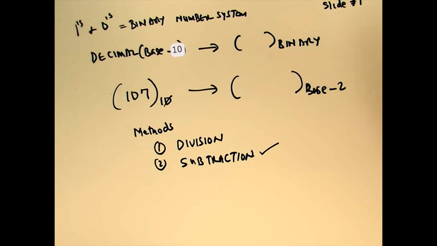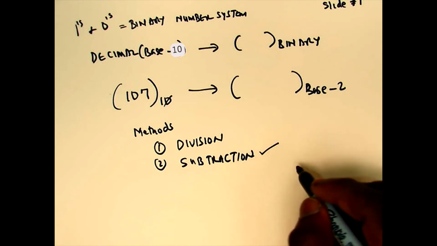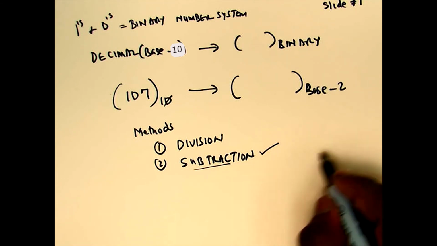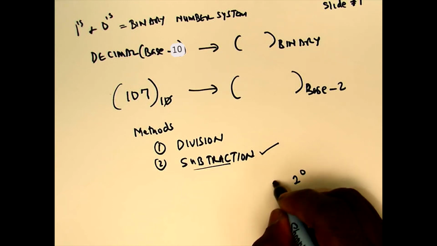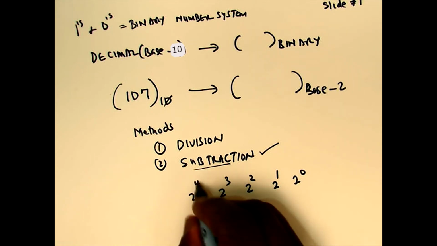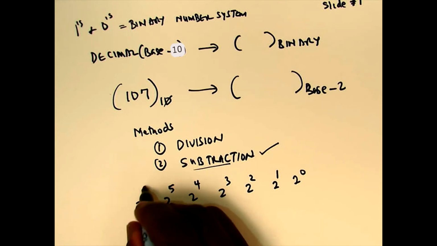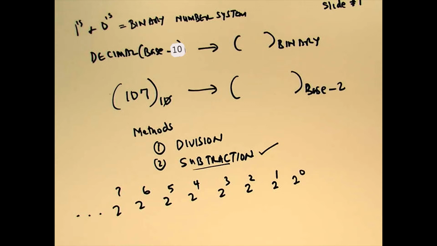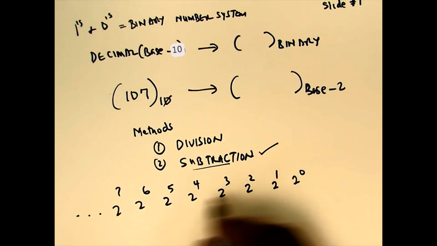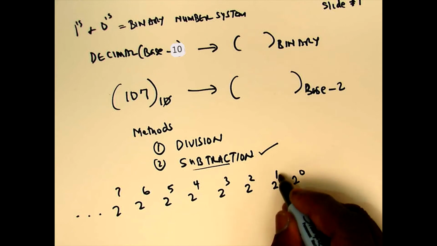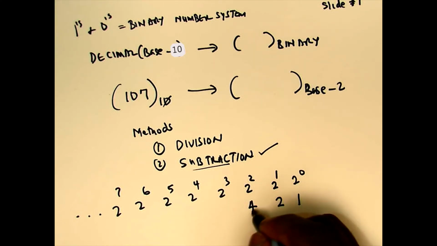The subtraction method says to line up your powers of 2. Know your powers of 2s: 2 to 0, 2 to 1, 2 to 2, 2 to 3, 2 to 4, 2 to 5, 2 to 6, 2 to 7, and you can make it as big as you want. 2 raised to 0 is 1, 2 raised to 1 is 2, then it keeps doubling itself.